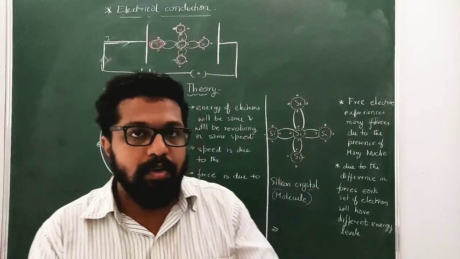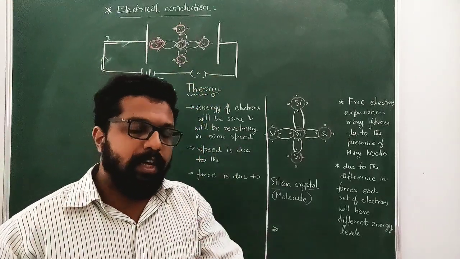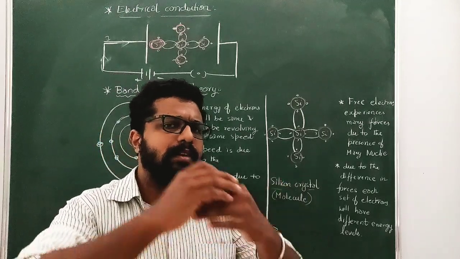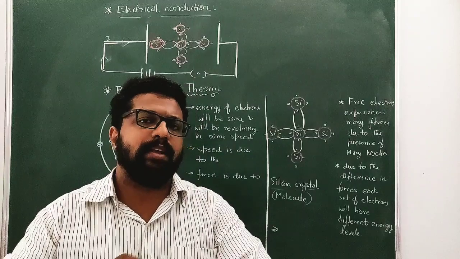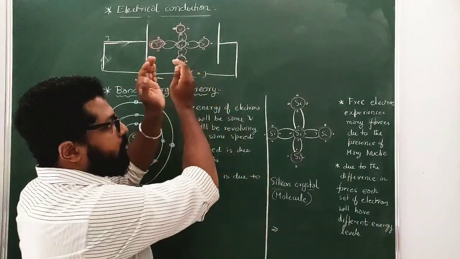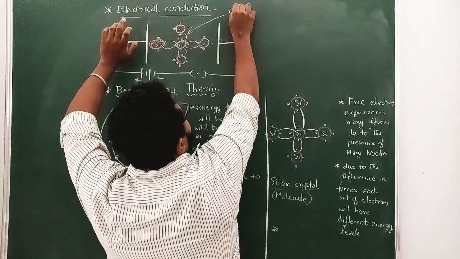Now I am applying the potential difference at room temperature. At 0 Kelvin it is completely stable, with no free electrons available. So now I bring the silicon crystal to room temperature.